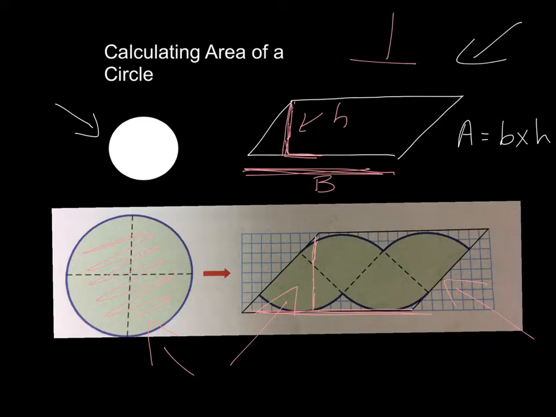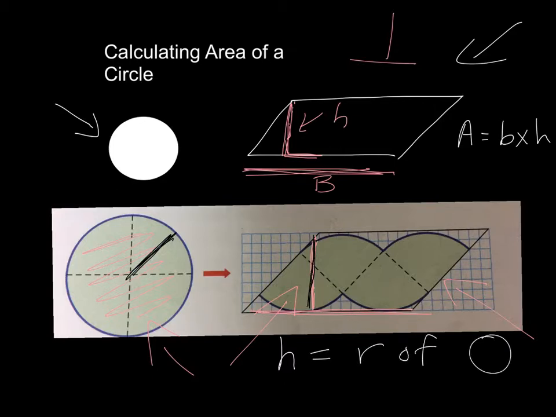So basically the height is pretty much the radius of the circle. So if you look at this distance here, it's pretty much this distance here. So the height of a parallelogram is equal to the radius of a circle.